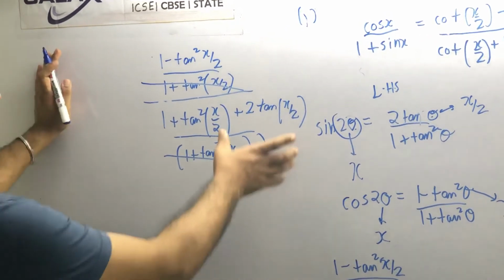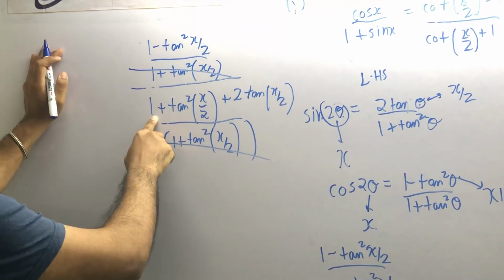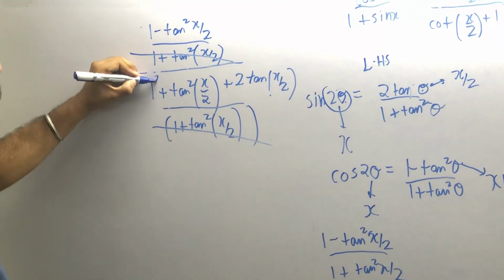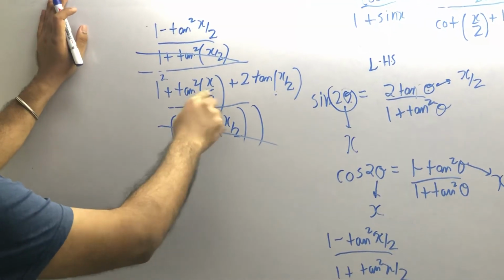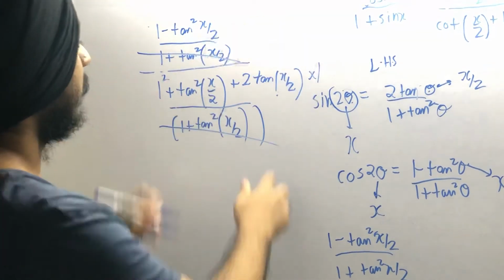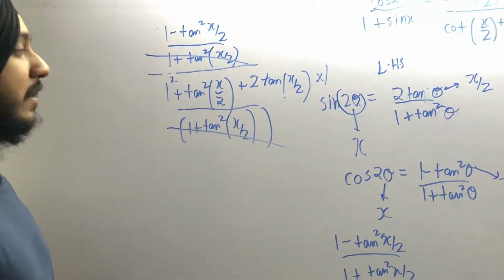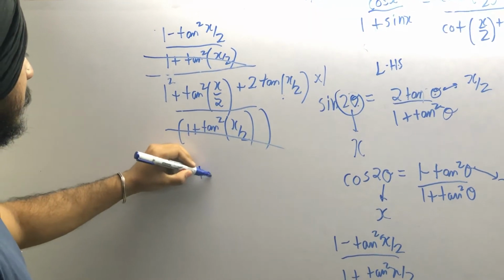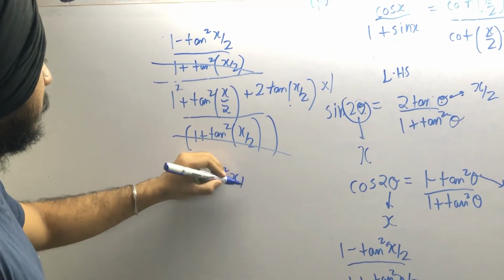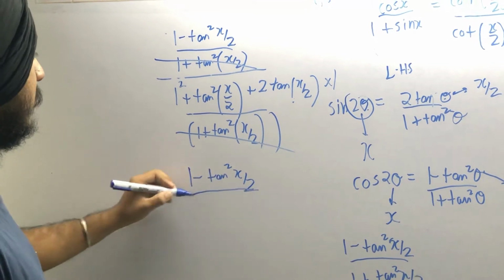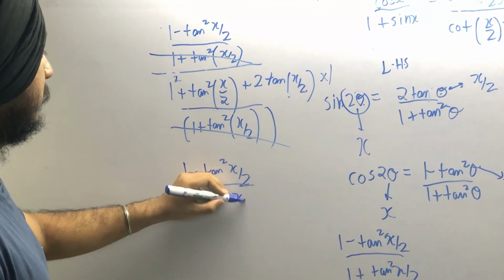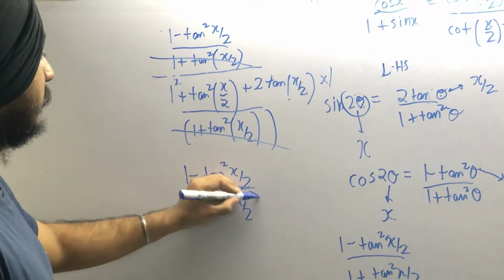Now look at this part. This is 1 plus tan square x by 2 plus 2 tan x by 2. So I can say this is 1 square, so a square plus b square, into 1 you can write, plus 2ab. What is that? a plus b whole square. So 1 minus tan square x by 2, upon 1 plus tan x by 2 whole square.